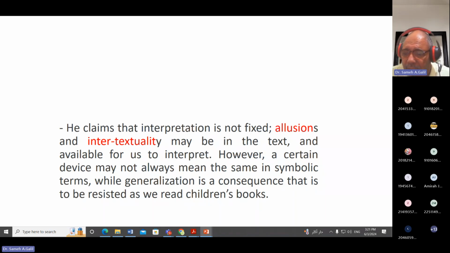And Mobius is saying that it's because of those allusions and intertextuality that the interpretation of a text is not fixed. It changes. It depends on your background and depending on what age you're reading the novel or the picture book in. Again, he is trying to tell us don't generalize about the meaning of text. Don't say that the text means only this, because it can also mean something else depending on what kind of people we are, depending on where we are in the world, what time period, and everything in between.